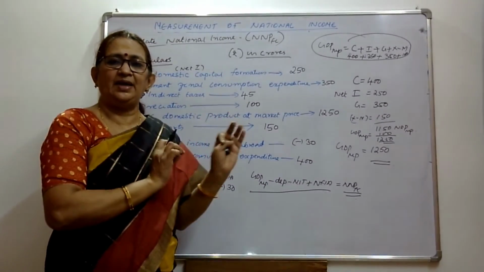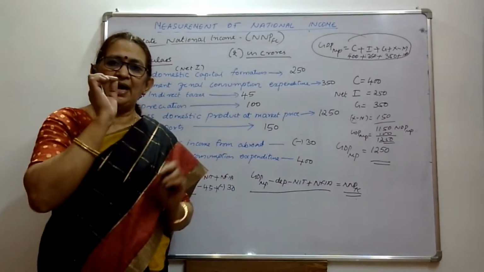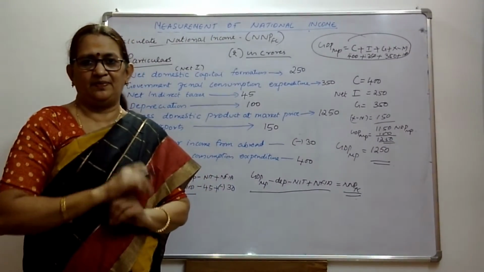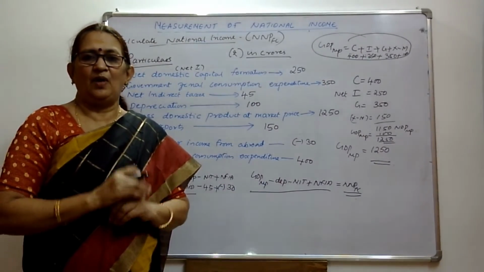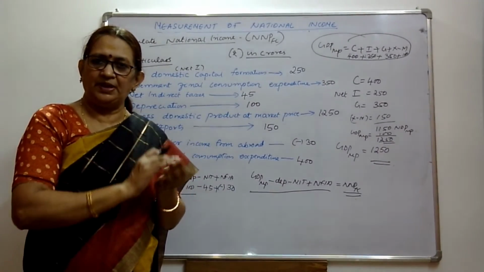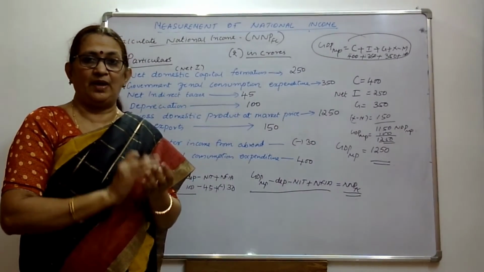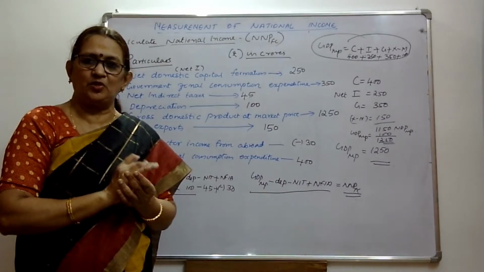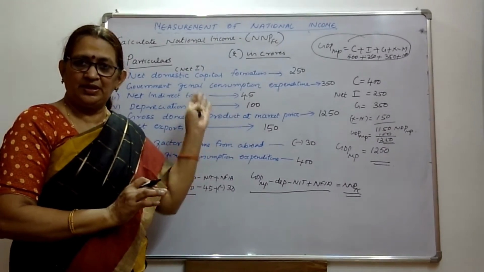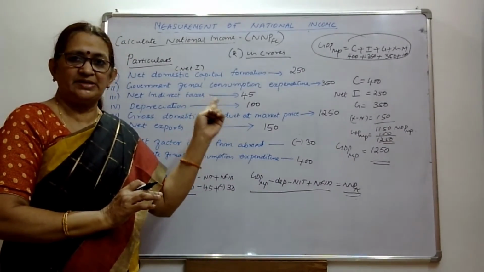Why I have given this question is, kindly check the particulars given. Learn the method, what all particulars are to be avoided while calculating national income by expenditure method. That is to be learned. Here GDP at market price is given.